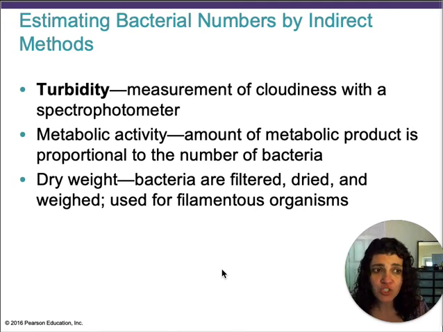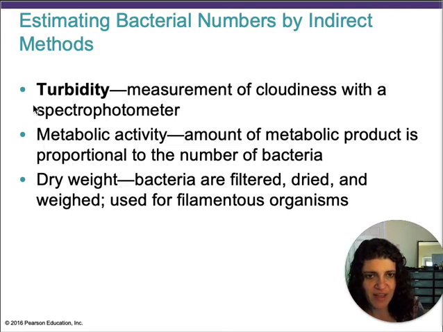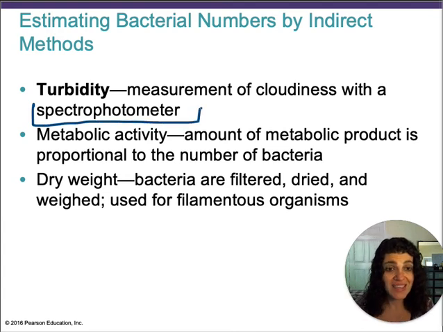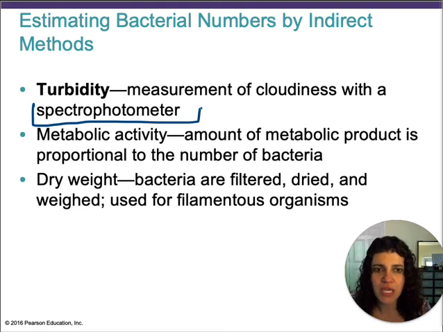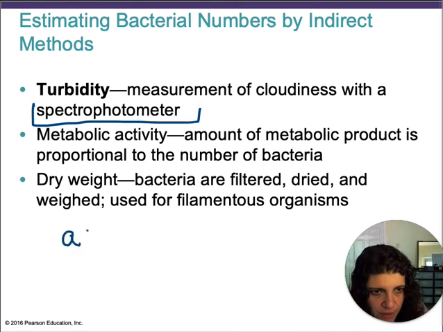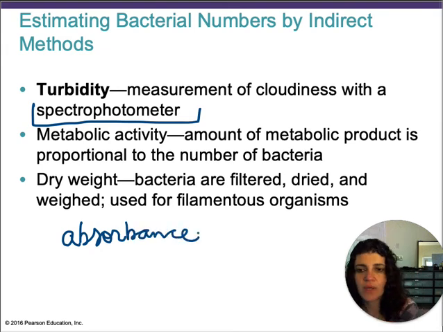So when you measure that cloudiness with a device that is called spectrophotometers. These devices are able to measure the cloudiness of the medium by measurement that is called absorbance. I'm going to write here because I think it's not in the slide. Absorbance, right?